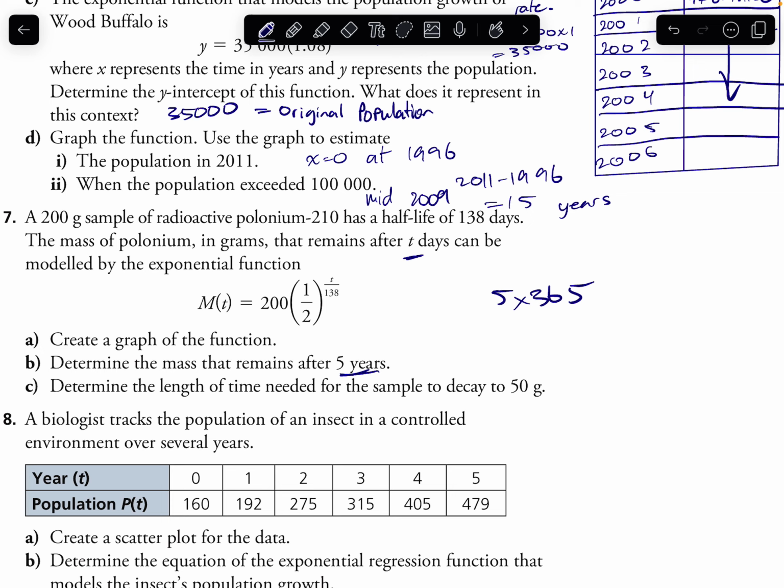I'm assuming they did not account for leap years. Wait. They just got this completely wrong. They said after 5 years, and this says after T days, and then they just subbed in 5. I'm so terribly sorry, Nixon. You guys keep giving you the completely wrong answers.